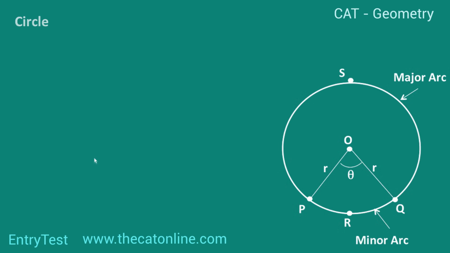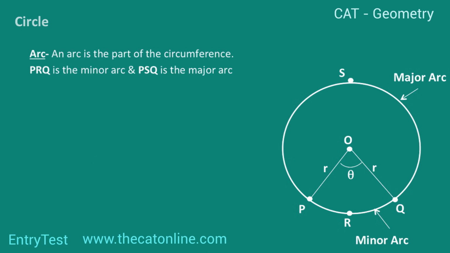Moving ahead, we need to understand a few other terms. One such term is an arc. Arc is a part of the circumference. So if I randomly put any 2 points on the circumference, it divides the circumference into 2 parts. One is this part, another one is the smaller part. The smaller part is known as the minor arc.